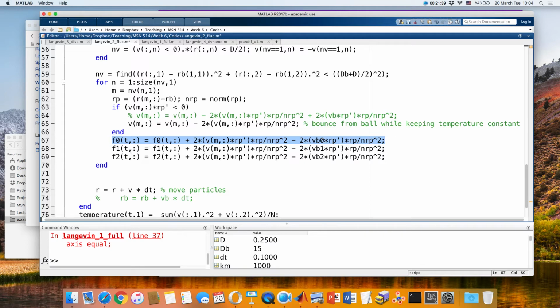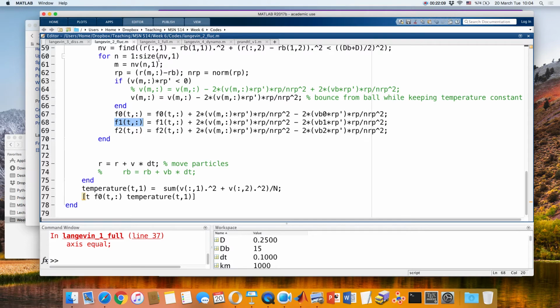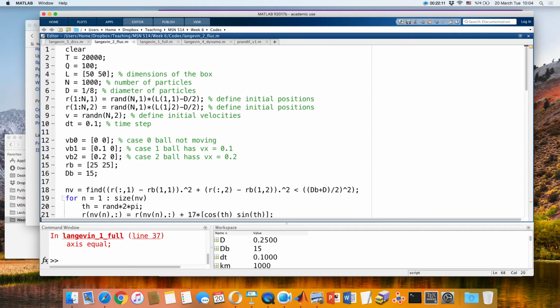What we are going to do is see the size of F0, which is the size of the random kicks. What is the sigma of it? We also will see what is the average force on the ball when it is moving with a certain velocity. I hope it makes sense. I did it before, by the way.